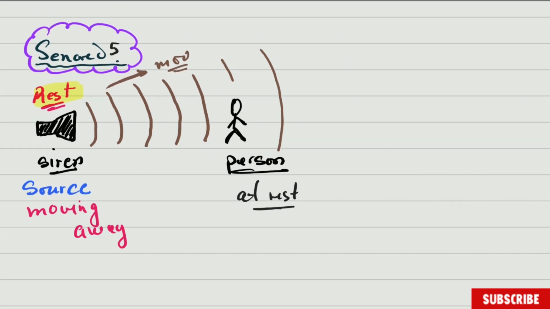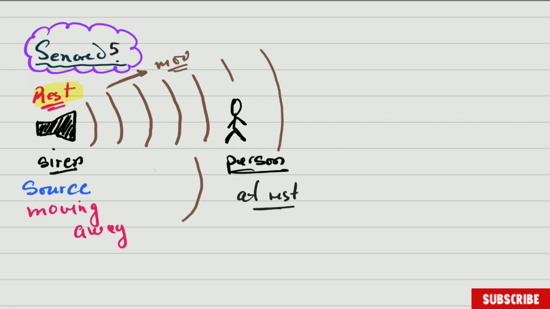So in this last scenario, the siren is going to be moving away. And as the siren moves away, there is going to be a longer wavelength. It's going to pull this wave away as if it was a spring, so the wave will become longer.